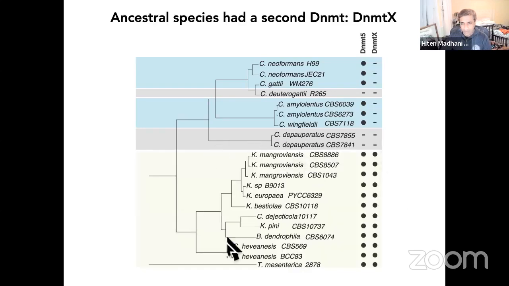But if one looks further out on the phylogenetic tree, what you can see is a whole number of species that have DNMT5 and also a second predicted cytosine methyltransferase that we call DNMTX. And what you can see from looking at this phylogenetic tree is that the DNMTX gene was lost on this branch of evolution.